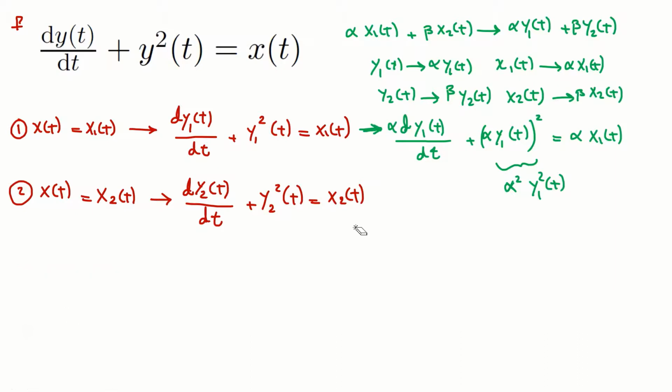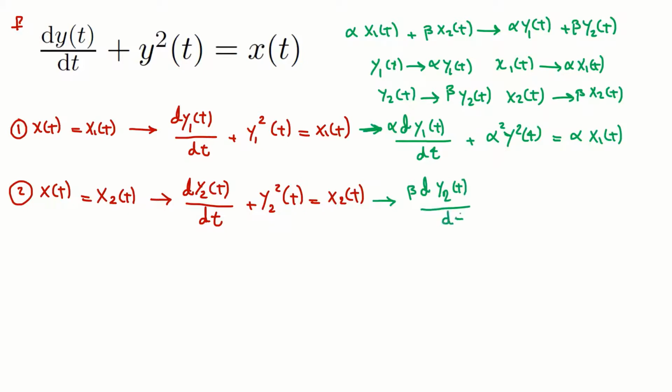So let me replace that by alpha squared y1 squared(t), and I can do the same for this. It would be beta dy2(t) divided by dt plus beta squared y2 squared(t), that equals beta x2(t).